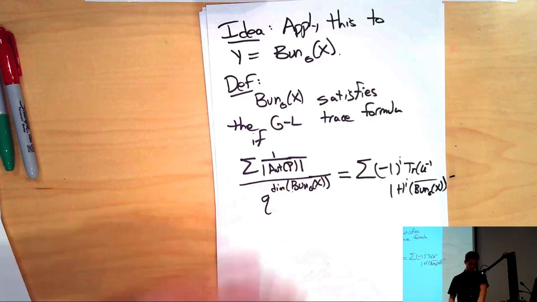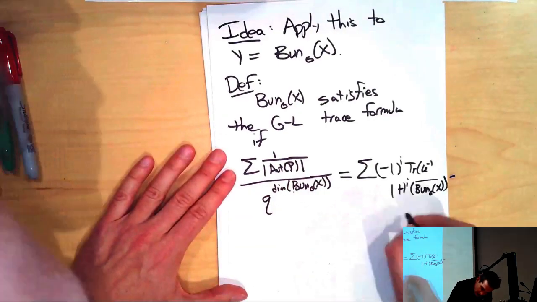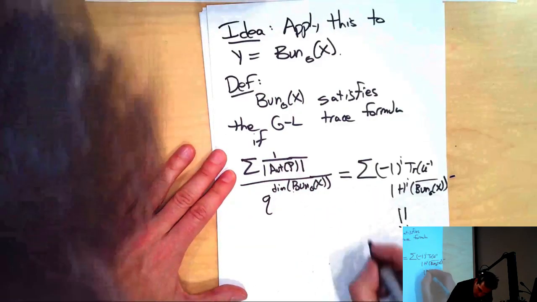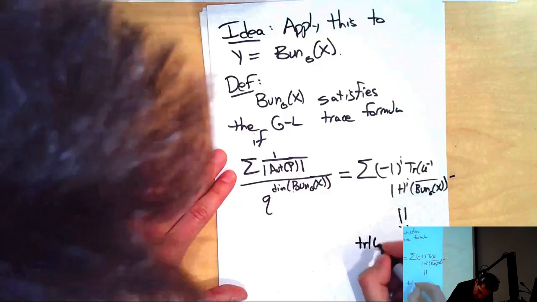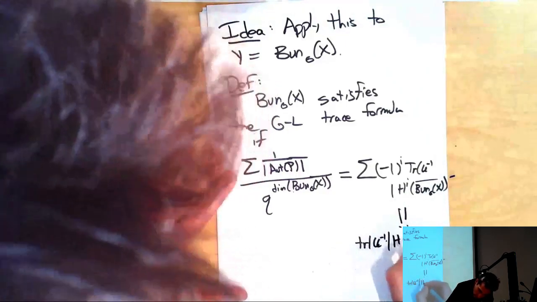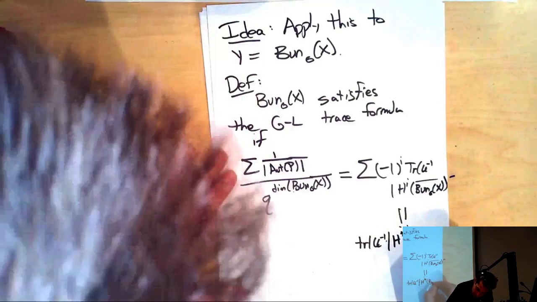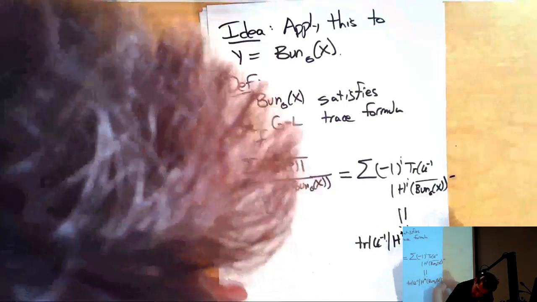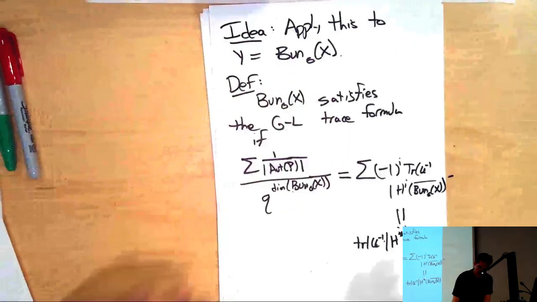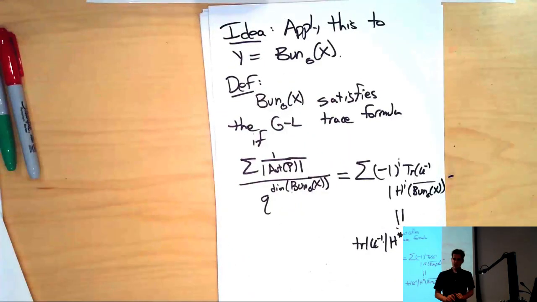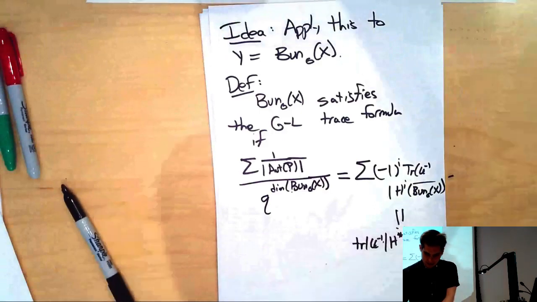I'm going to be writing these alternating sums over and over again, and from now on I'm just going to call this the trace of Frobenius inverse on the graded vector space given by H star of Bun_G X. Okay, now I can answer the question, what's D?